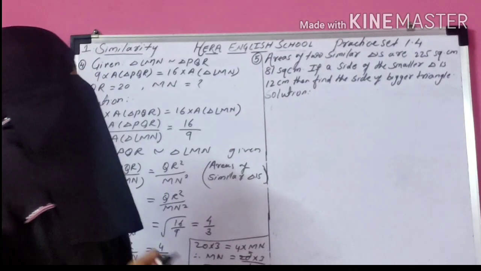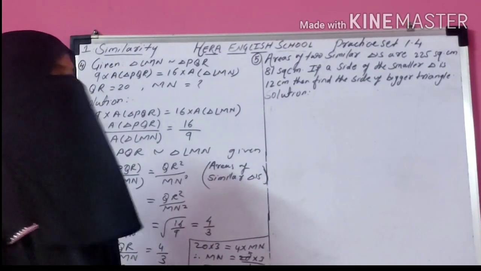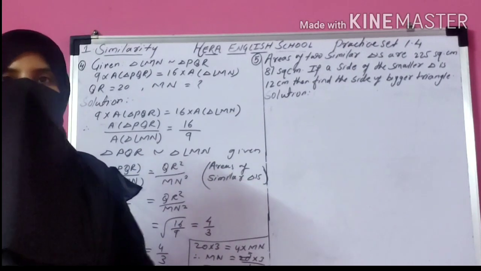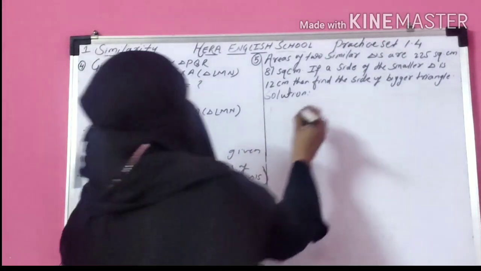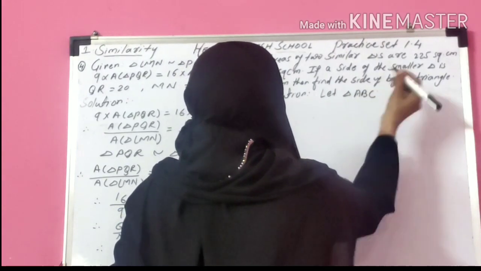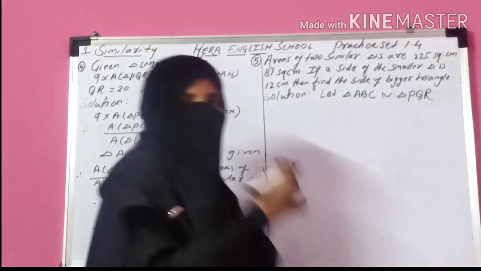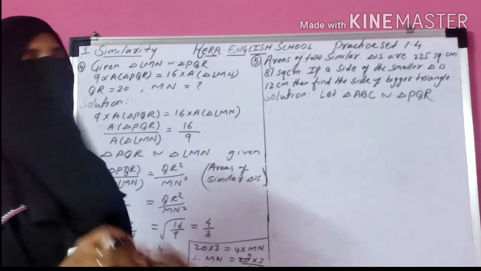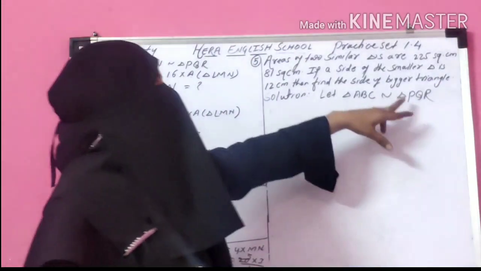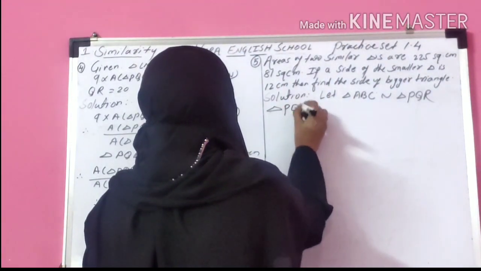Okay, let's start your solution. In this question, the triangle names are not given. So we suppose the two triangles are ABC and PQR, and they are similar. So let triangle ABC be similar to triangle PQR. As the question says, out of these two triangles, one is the smaller triangle. So I suppose triangle PQR is the smaller triangle.